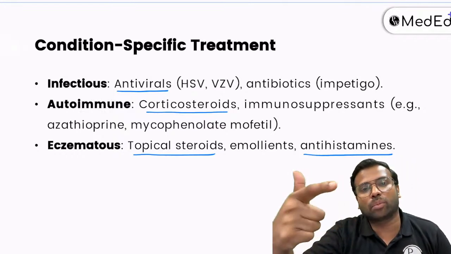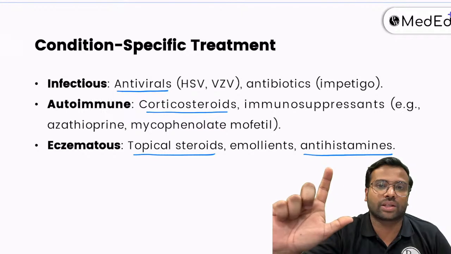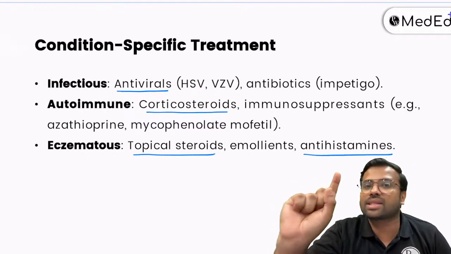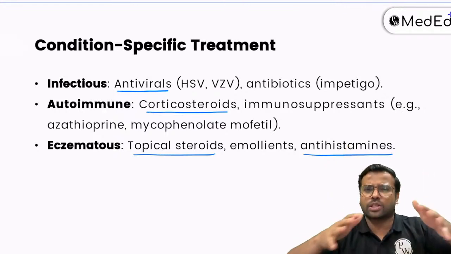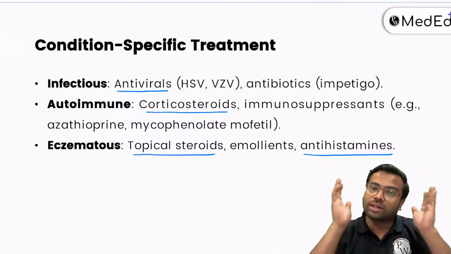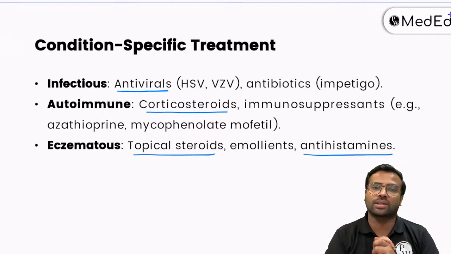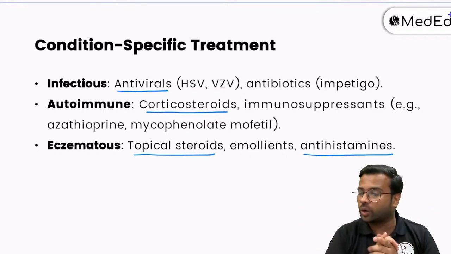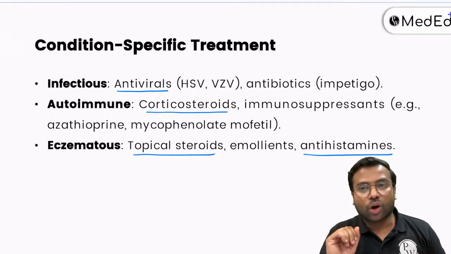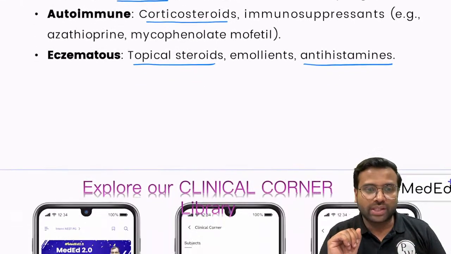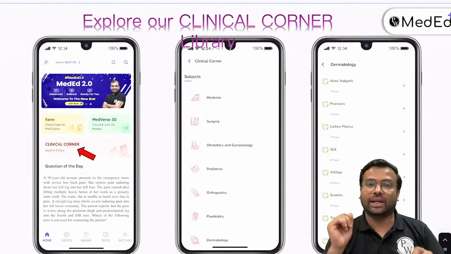Both vesicle and bulla are primary skin lesions. The moment you see that this is a primary skin lesion, whatever we have discussed today and a much more extensive list will come to you as a differential diagnosis, and then you can go about it accordingly. Okay. So that is all about today's session.